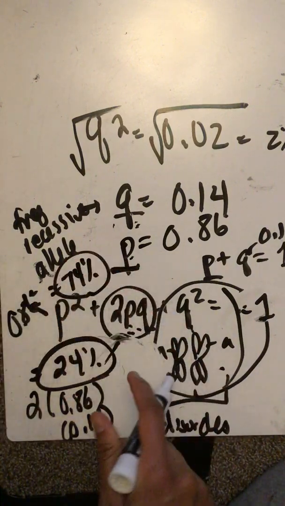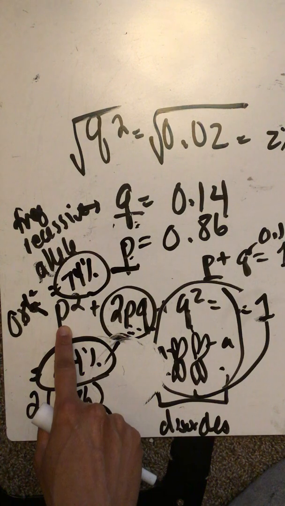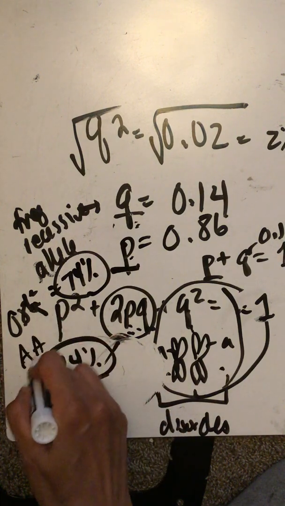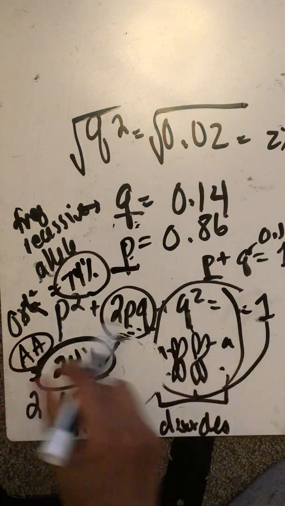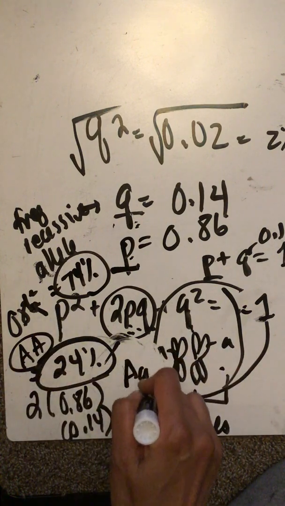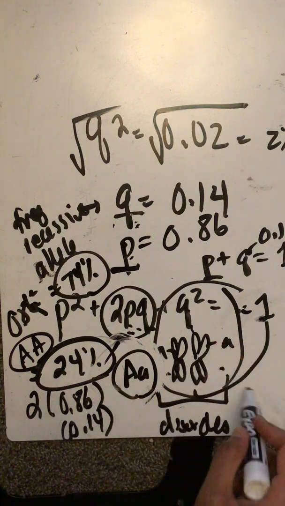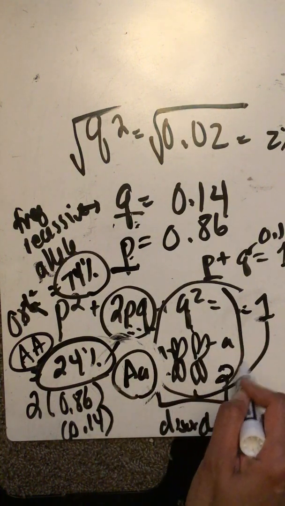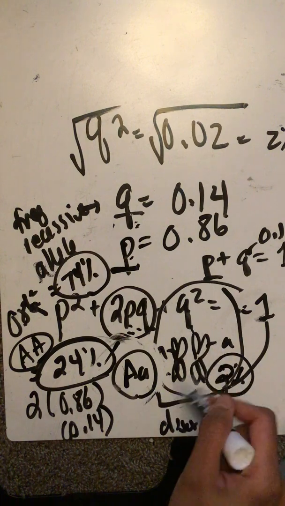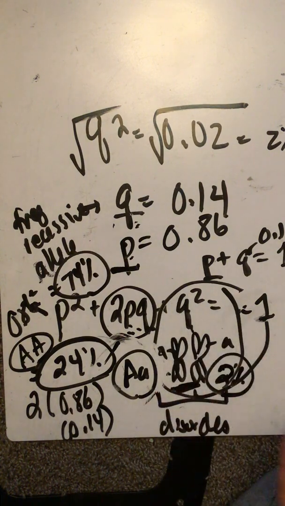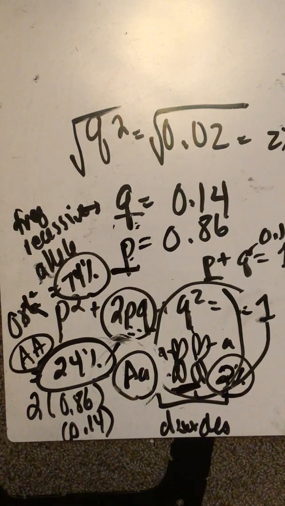So now you've calculated that 74% of your population is homozygous dominant, big A big A, and they're normal. And you've calculated that 24% is big A, little a, and that 2% have the actual disorder, which means you got to inherit that from both parents, and that's how you do Hardy-Weinberg. I hope that makes sense.